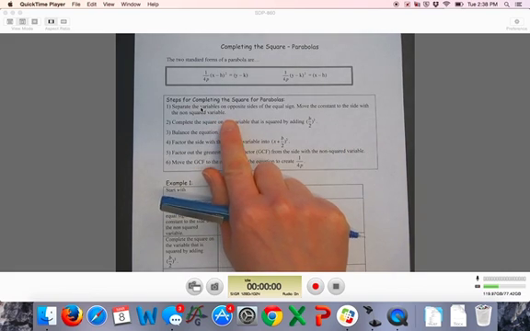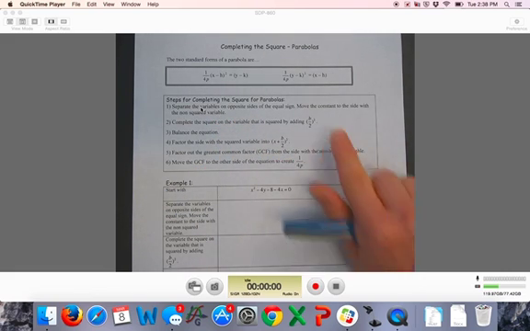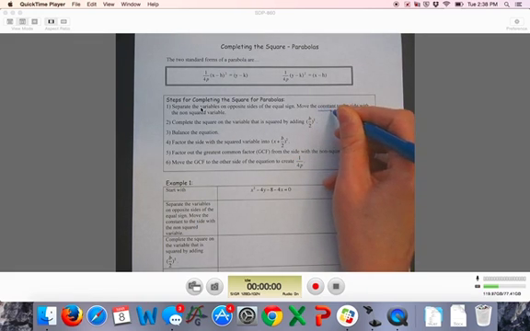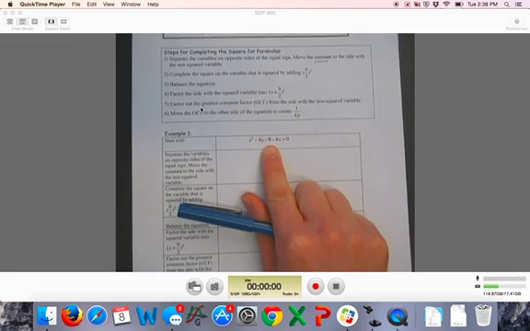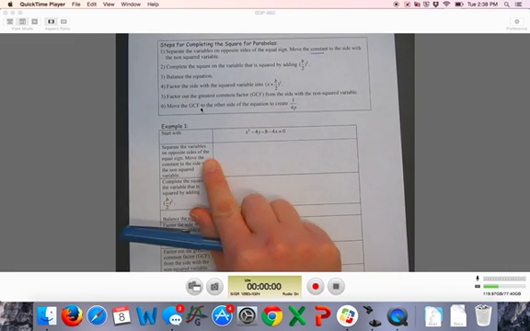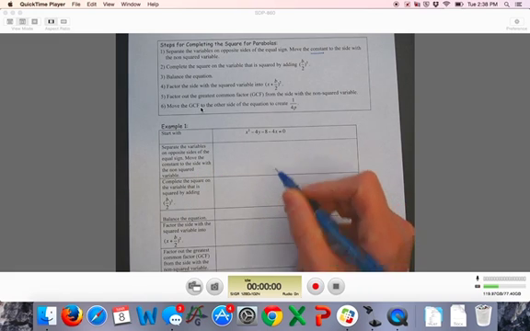So the first step says to separate the variables on opposite sides of the equal sign, making sure to move the constant to the side with the non-squared variable. So we're going to go ahead and begin with the first example here, and we're going to do as it says, separate the variables, moving the constant to the side with the non-squared variable.